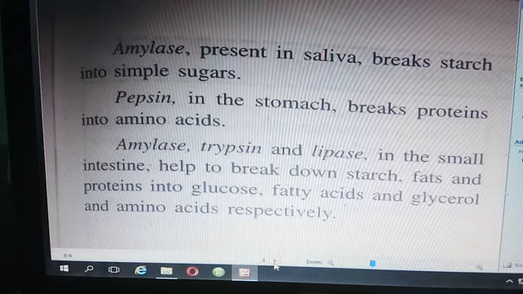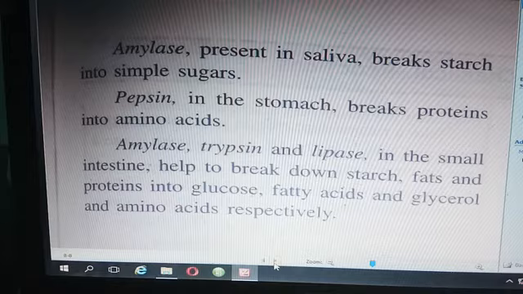Amylase present in saliva breaks starch into simple sugars. Our digestion starts from the mouth. So whenever you eat something which contains carbohydrate, especially starch, this starch is converted into simple sugars in your mouth itself, due to the action of saliva.